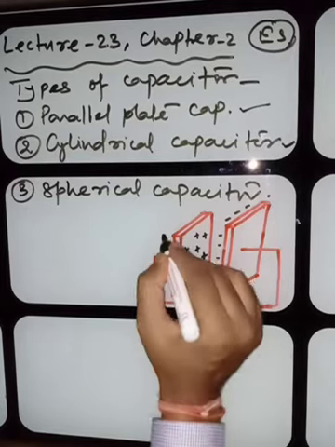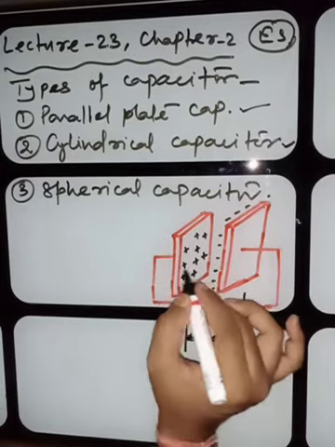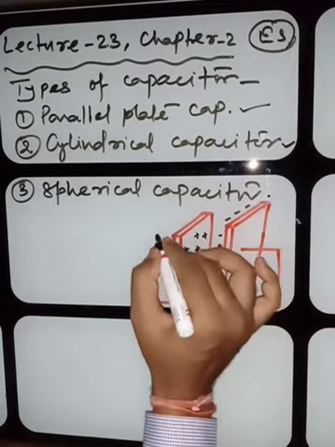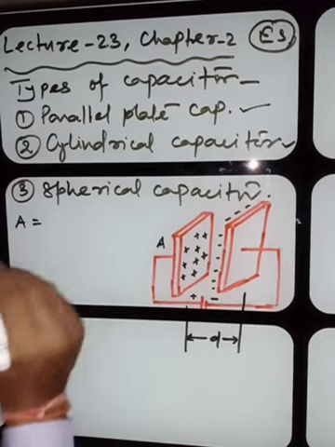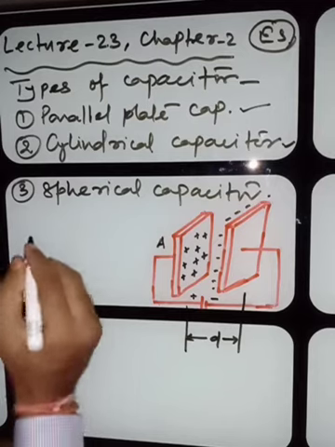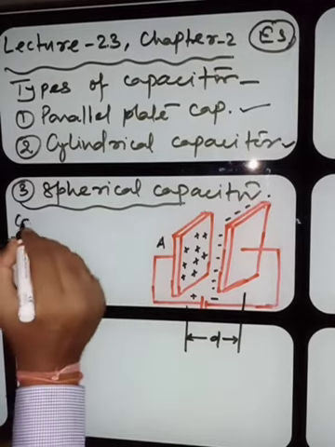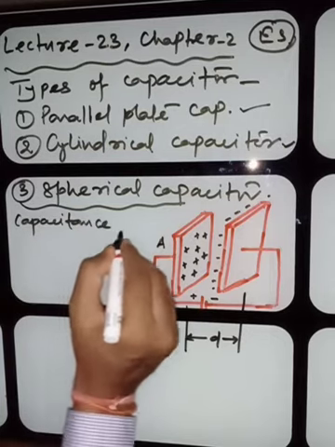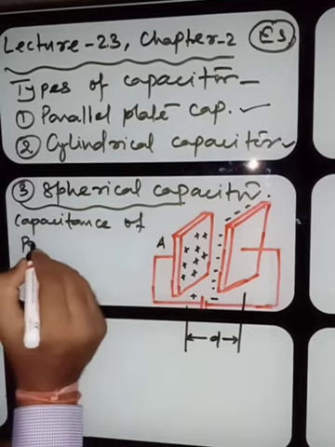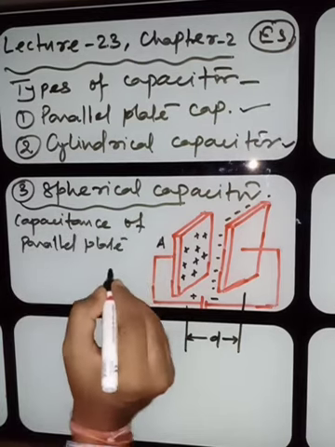A is the common surface area. Remember, A is the common surface area. Here we have started the derivation for capacitance of parallel plate capacitor.